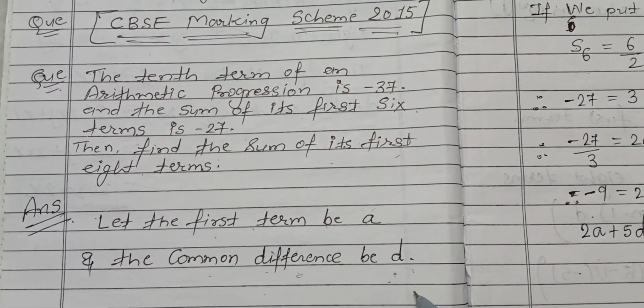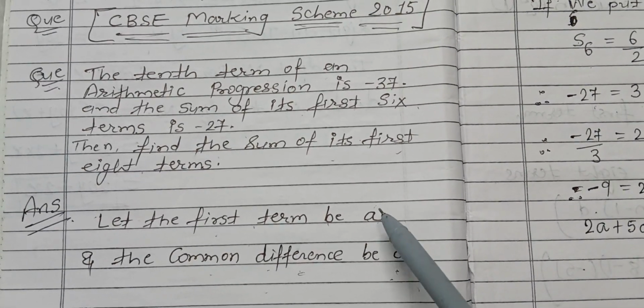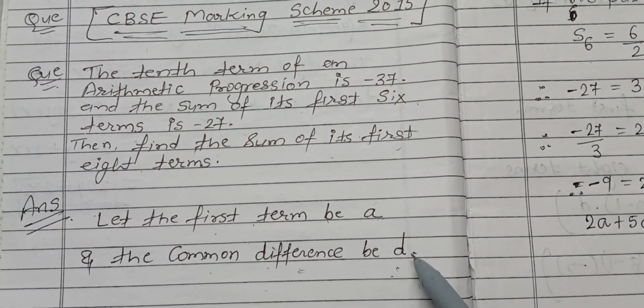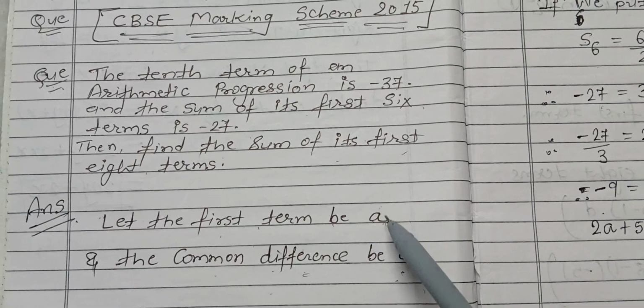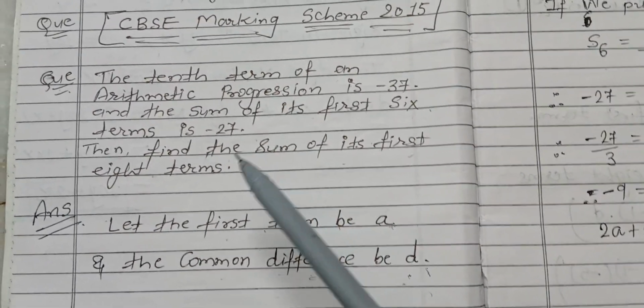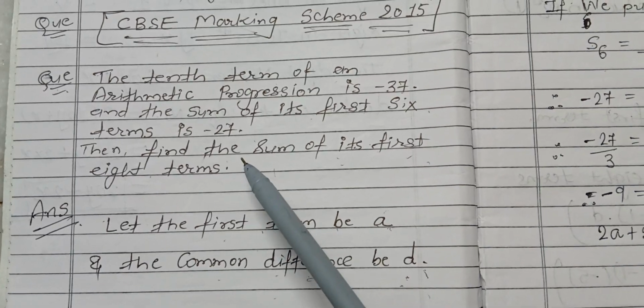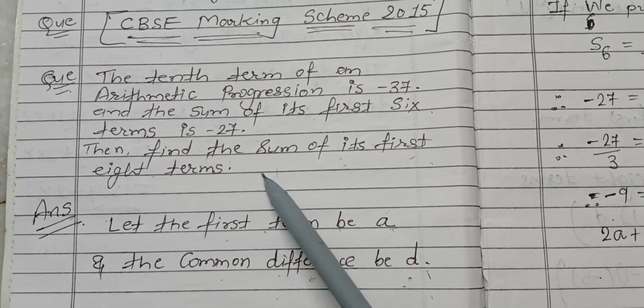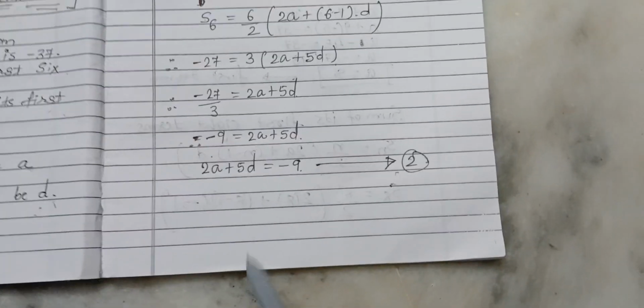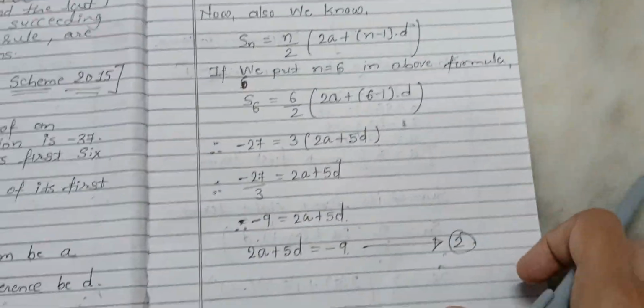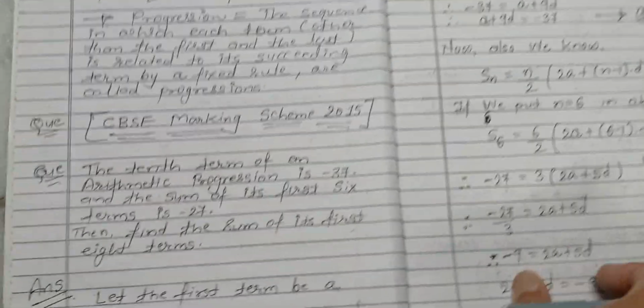We want to identify the value of a and the value of d, so we can use this a and d to get the sum of the first 8 terms, which is our main focus. Okay, so we have 2 equations. Just write these 2 equations together.